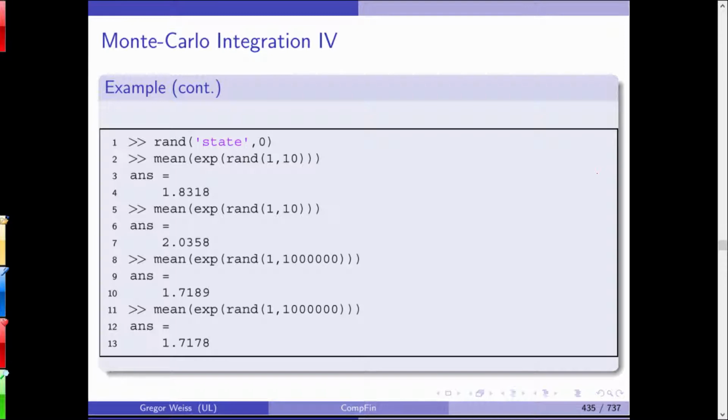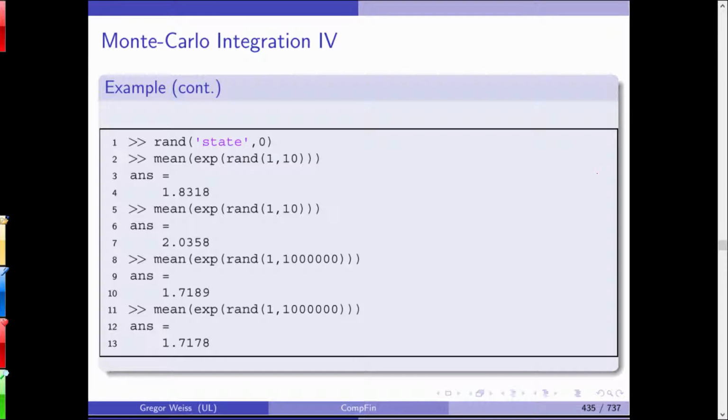Meaning, yes, you can do this. Yes, it will give you a good result if you are able to increase the number of random samples high enough. But even with 1 million samples, it's still not empirically converging to the solution.